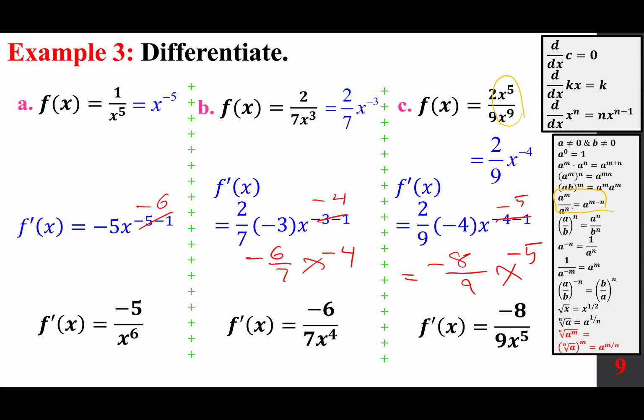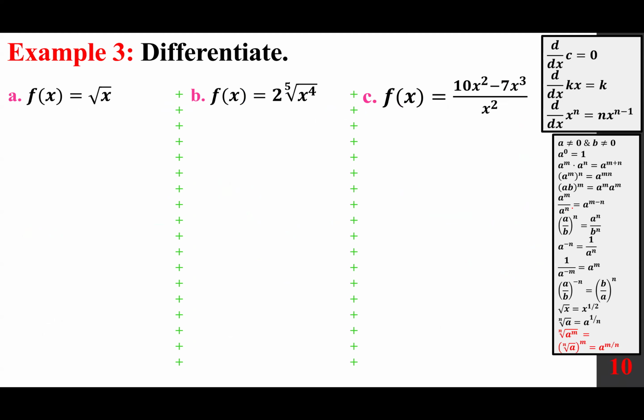So we're dealing with the power rule, and things that don't look like it, we change them. For example, right here, we've already dealt with that. It's x to the power of 1/2.